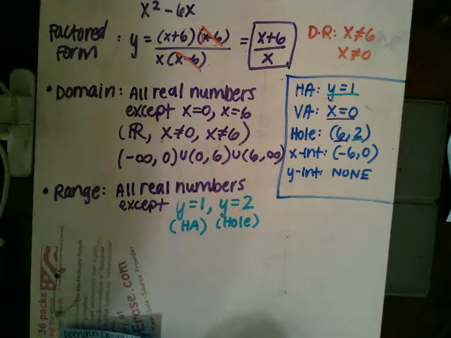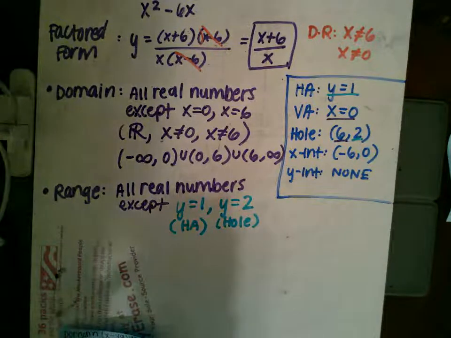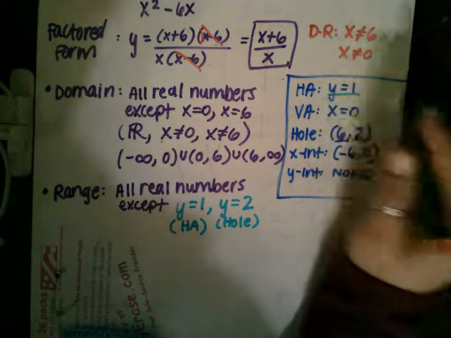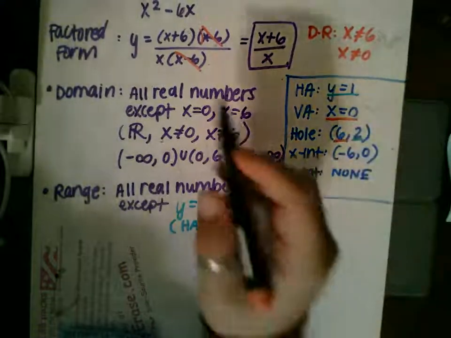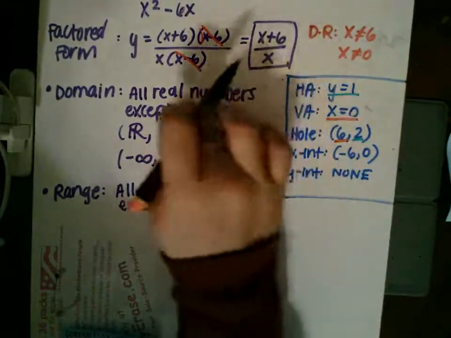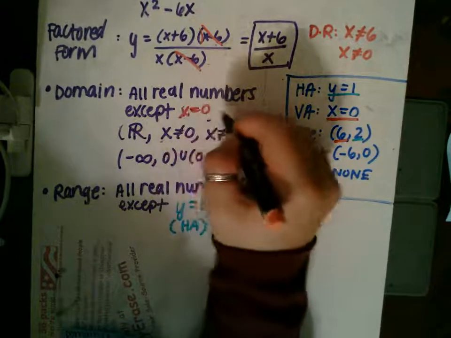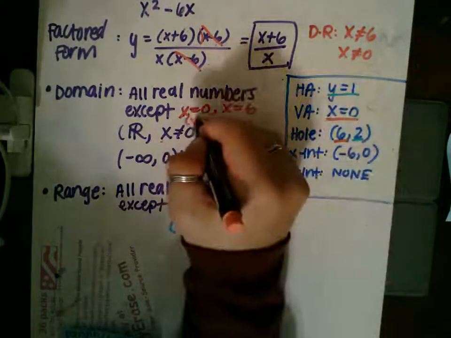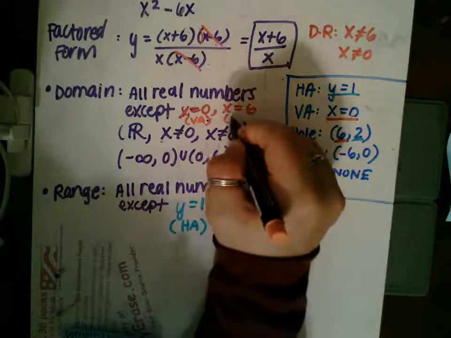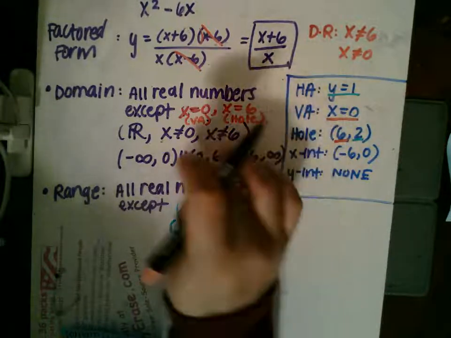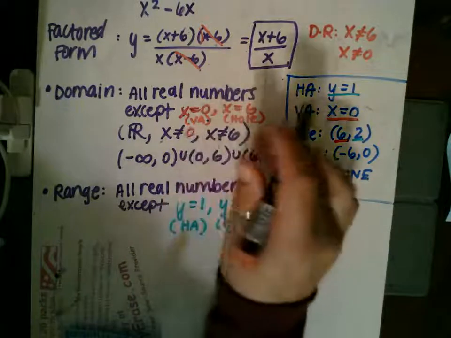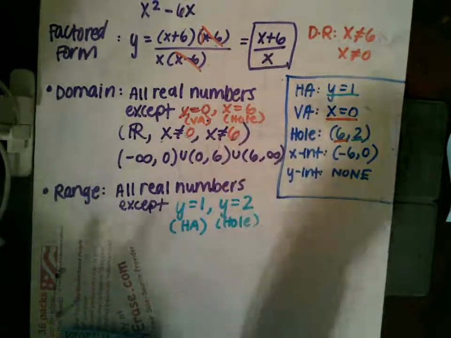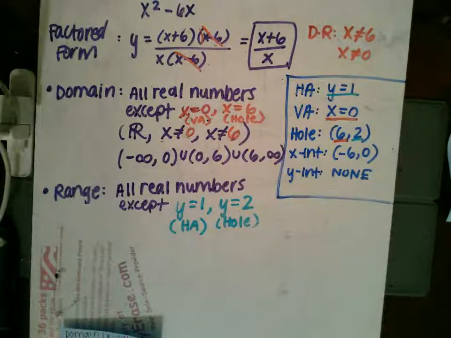I actually think I'm going to put these in different colors. x equals 0 came from my vertical asymptote. x equals 6 came from my hole. And also they were my domain restrictions.